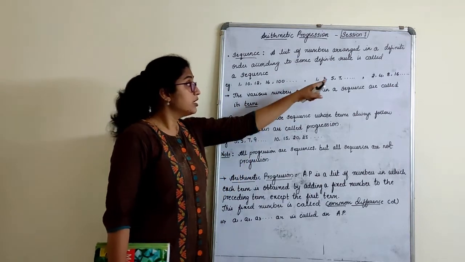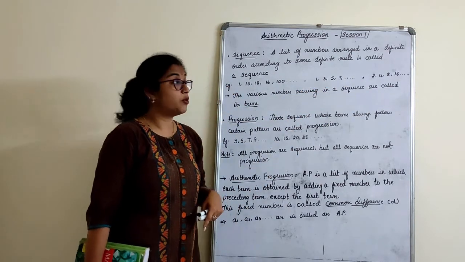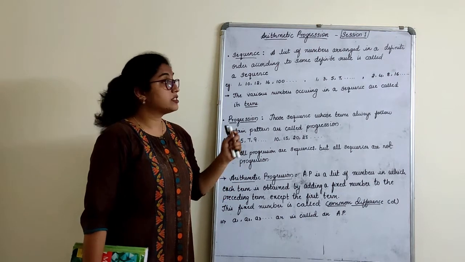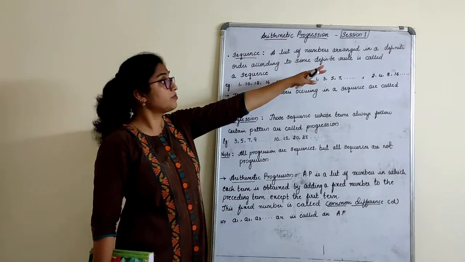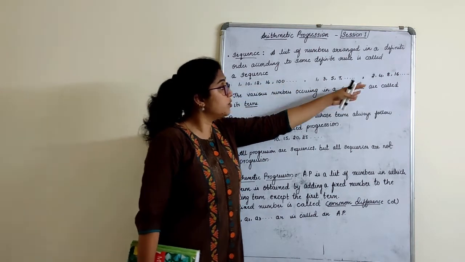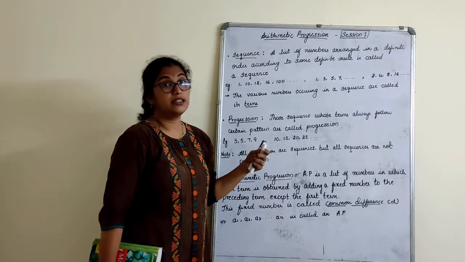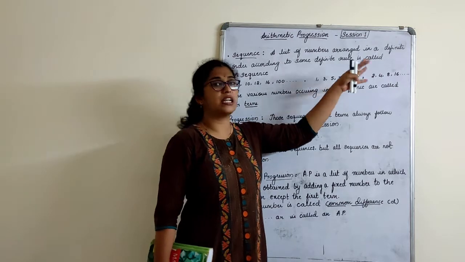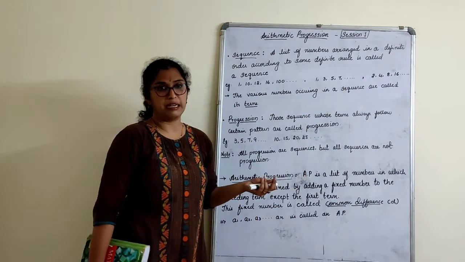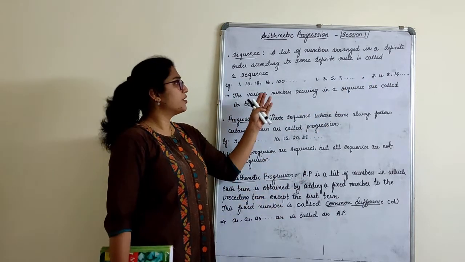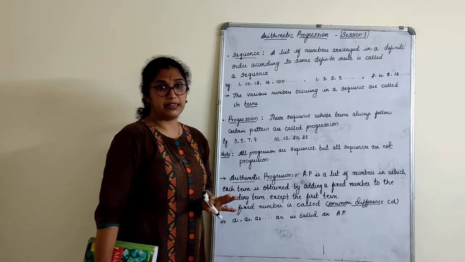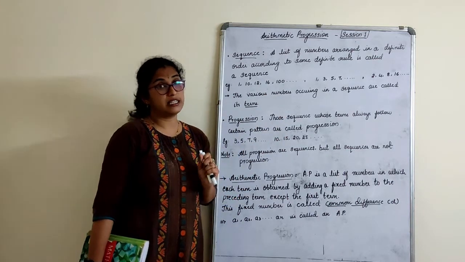Then 1, 2, 4, 8, 16. What does this tell you? Multiples: 2 ones are 2, 2 twos are 4, 2 threes are 6 is not there, but 8 is there. So some numbers which are arranged in some order, it might be ascending order or something like that, that is called a sequence.